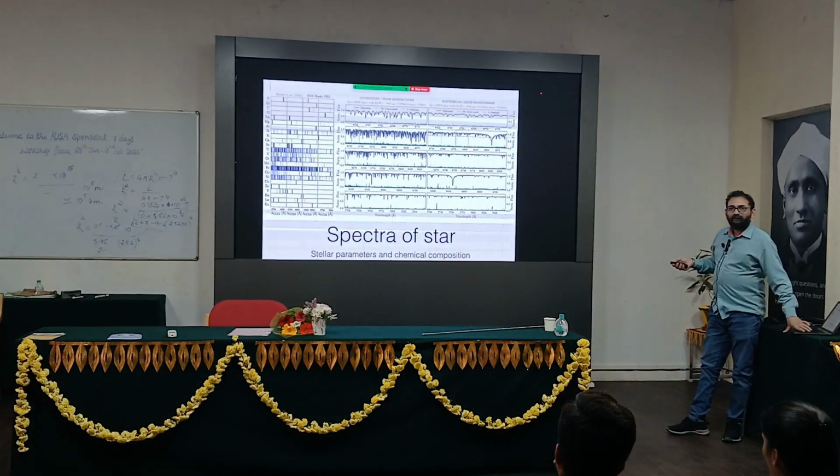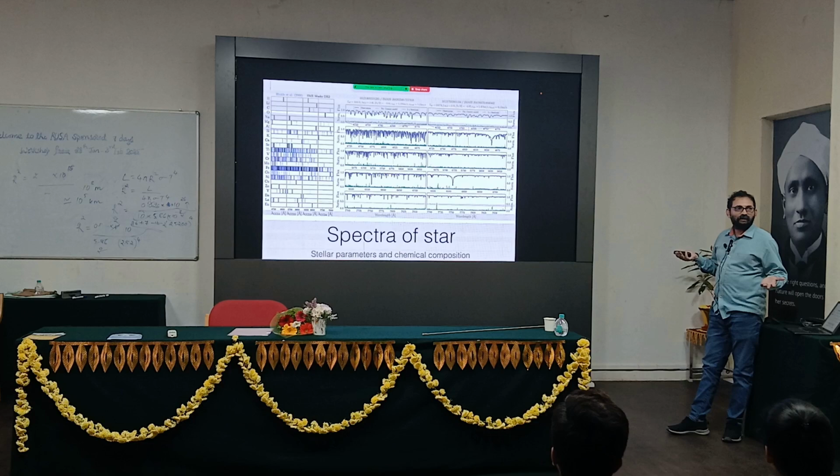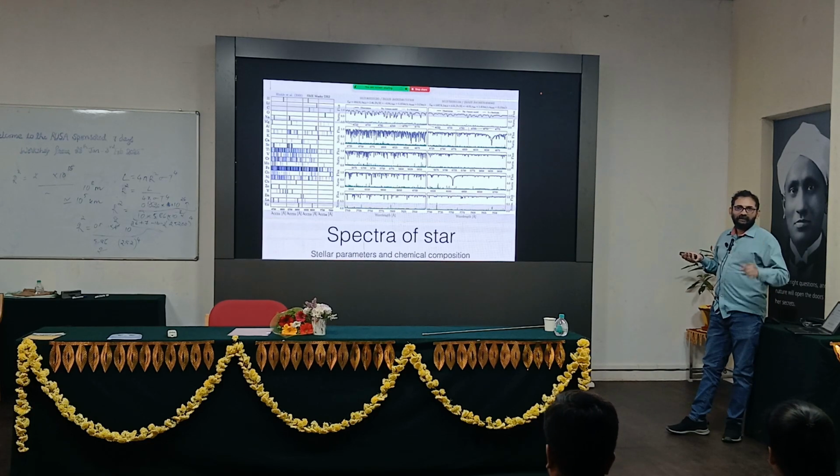I think you have seen this when we do the observations. The first thing that we do is take a spectrum. In our lab we use white light or some prisms, whereas in astronomy we do very high resolution. So this is the spectrum.